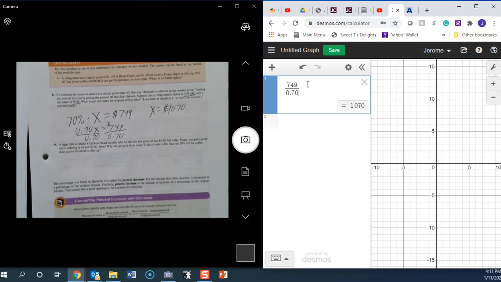All right, number 9. It says a large latte at Shakey's Caffeine Shack usually sells for the low price of just $3.50. But today, Shakey has gone goofy and is offering it for just $3. Wow, why not just give them away?